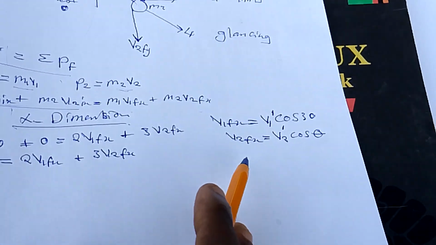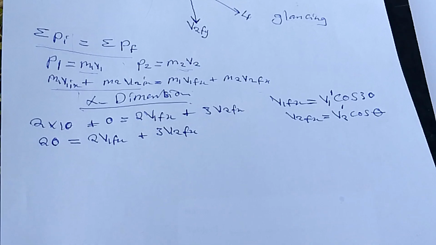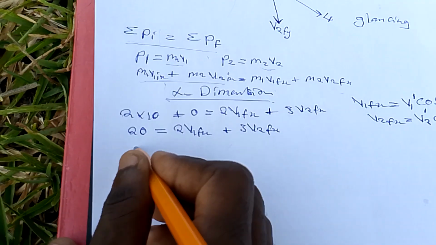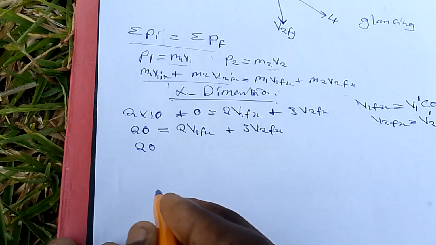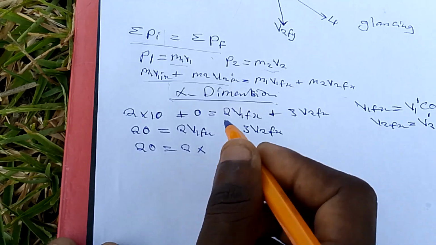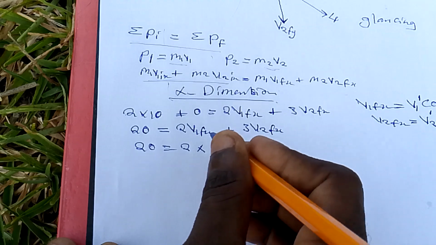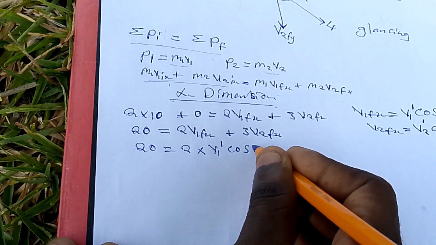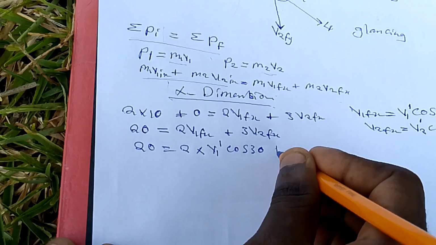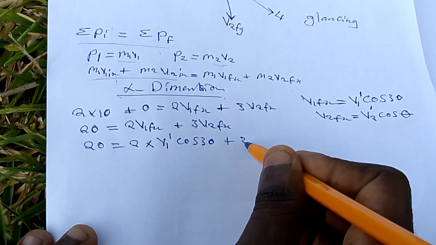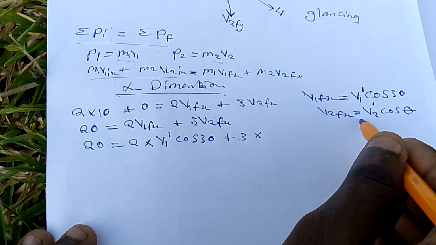This is the information that we have. Now the same information here, we can just plug it in here so that we simplify. So 20 equals 2 times v1 final x, which is v1 prime cos 30, plus 3 times v2 final x.